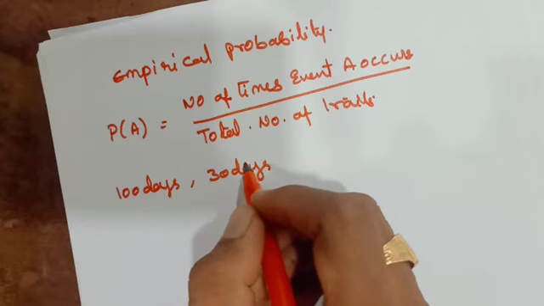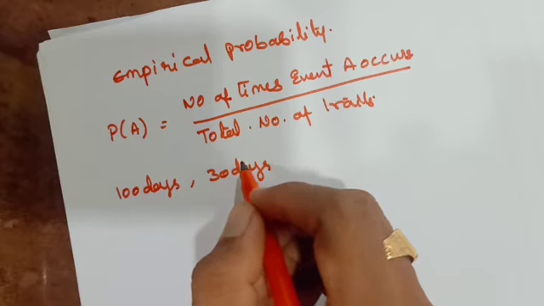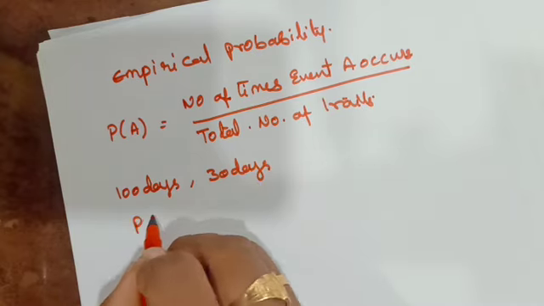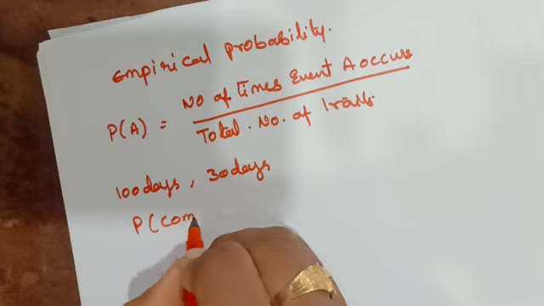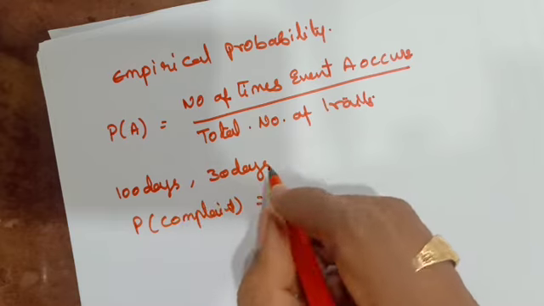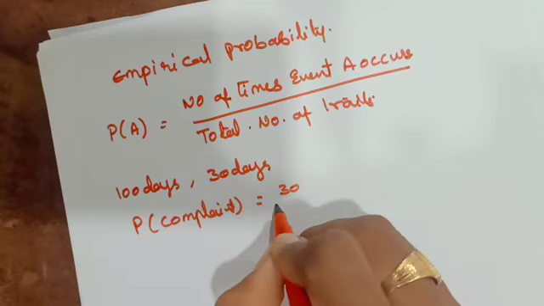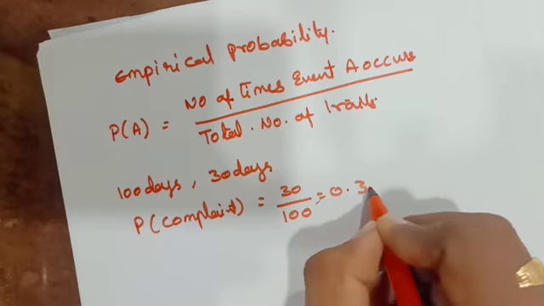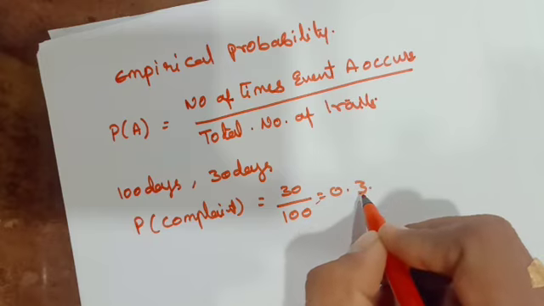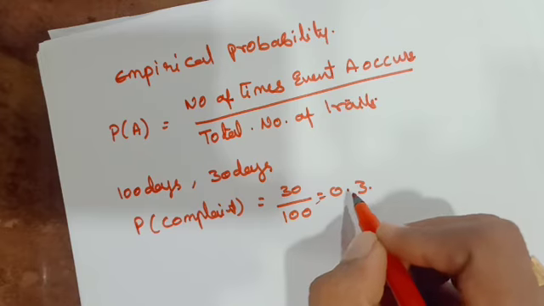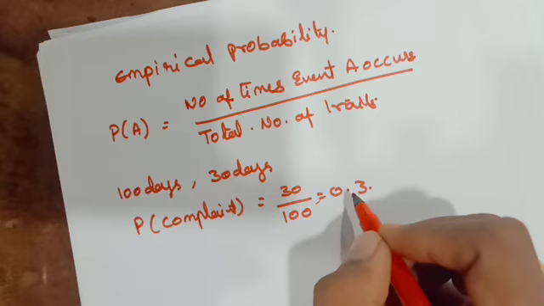So the probability of a customer complaint on any given day may be considered as P of complaint, which will be 30 days by 100 days, so that will be 0.3.